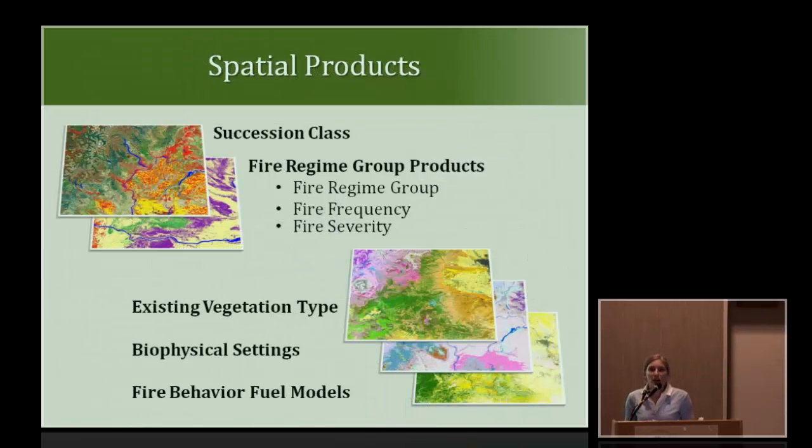So a rule set is developed in those reference condition models from which we map succession class, and then the fire and frequency that we simulate in those models goes into the fire regime products. So those are direct ways that the models relate to the spatial products. But it's also used as an ancillary data source for mapping the existing vegetation type, the biophysical settings map, and the fire behavior fuel models.